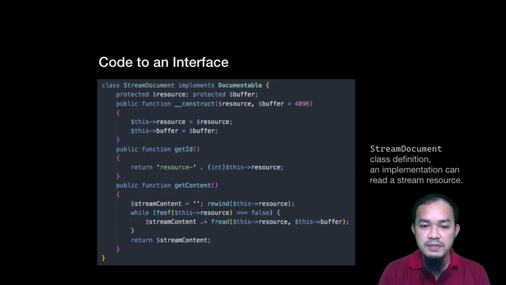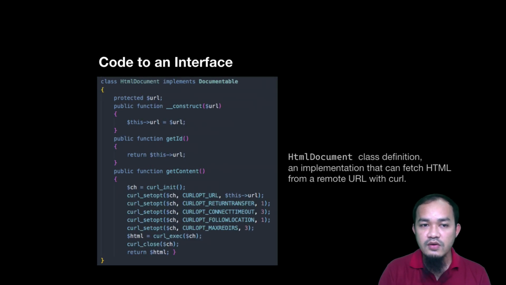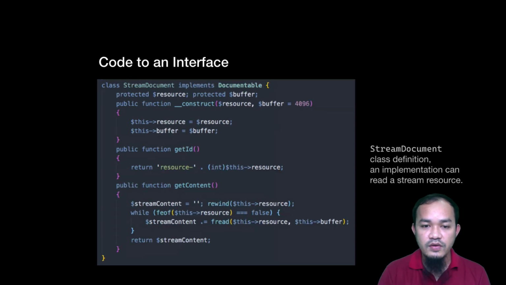But they implement a different way inside the method. For HTML, this is one way of retrieving the HTML. This is another way of retrieving the file, which we call a string, a file or text.